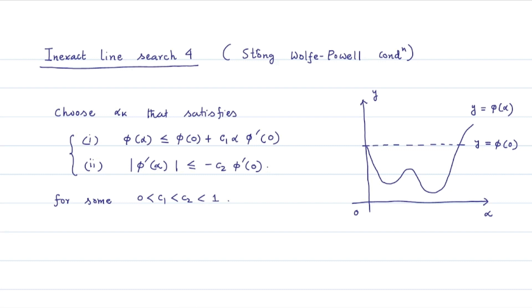Now we notice that the second condition essentially tells us to figure out those values of alpha for which the graph of the function y equals phi alpha is Lipschitz with this constant k equal to minus c2 phi dash 0. So we consider two lines, one having slope c2 phi dash 0 and another having slope minus c2 times phi dash 0.